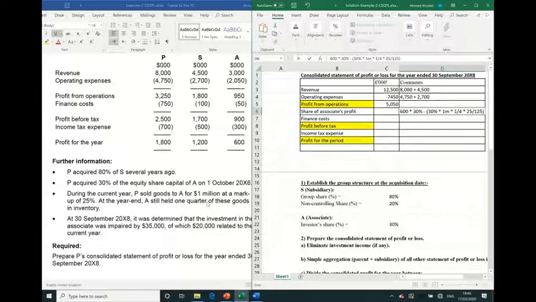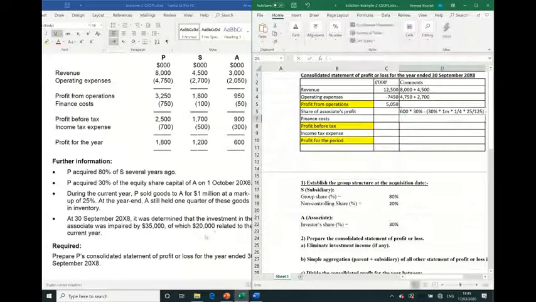This will give us the group share in unrealized profit on inventory. And then we also have the impairment of the investment in associate, which is related to the current year, which is 20,000. So this will be excluded as well here.